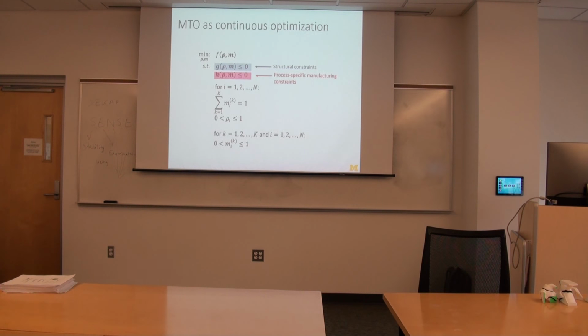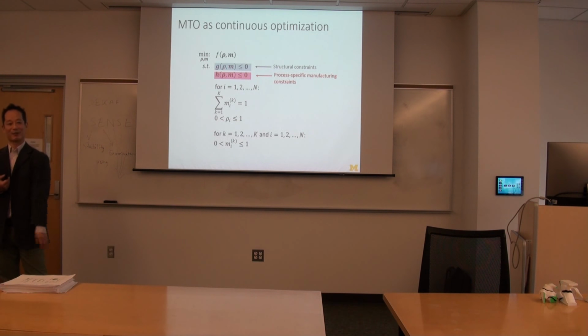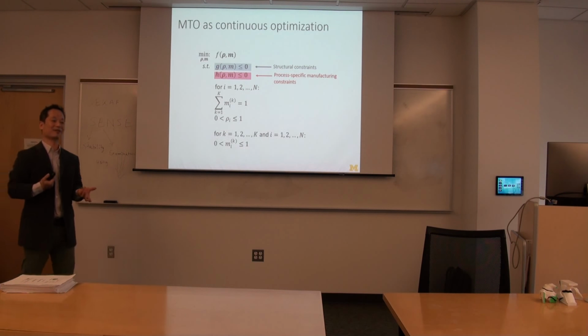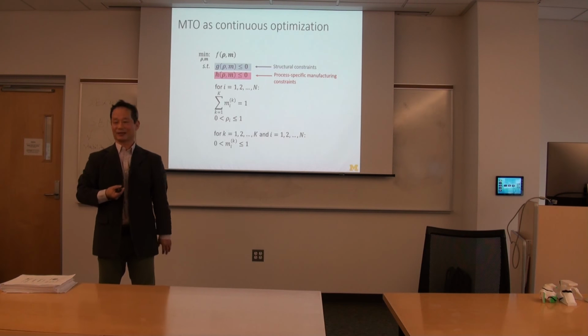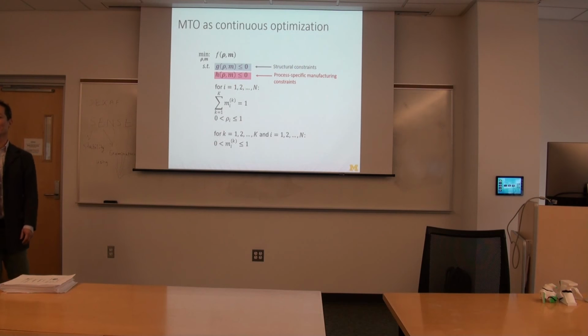So naturally, additional process-specific constraints have to be imposed on the particular choice of the density as well as these membership variables. So as long as the membership field exists, it successfully extends the monolithic TO framework into a multiple component framework in continuous optimization.